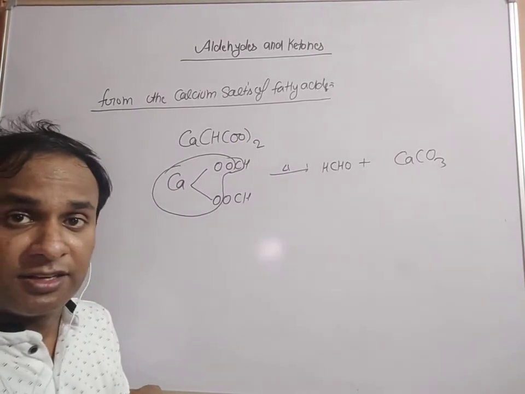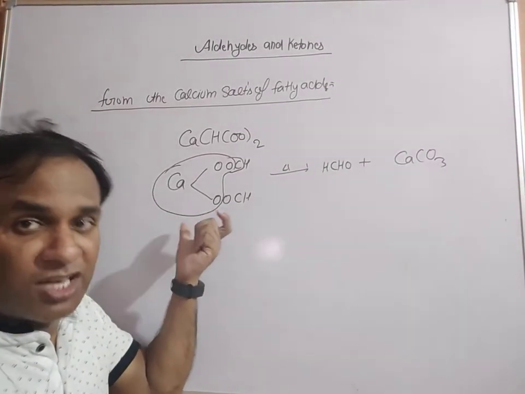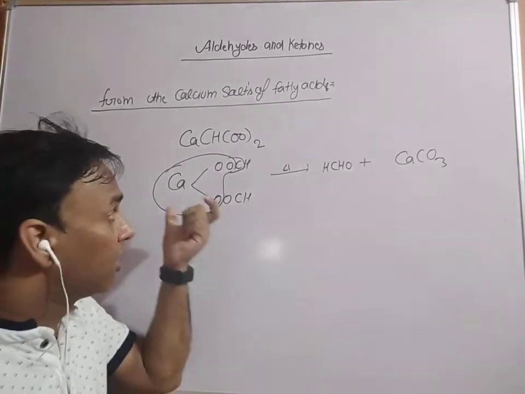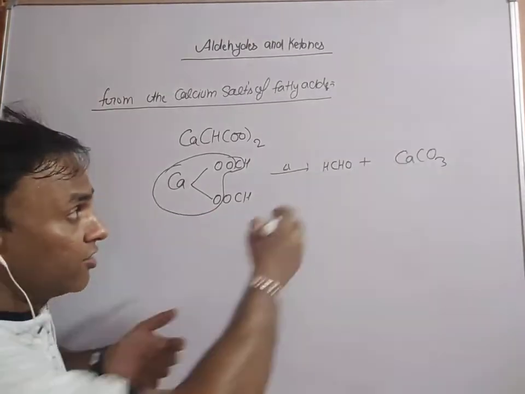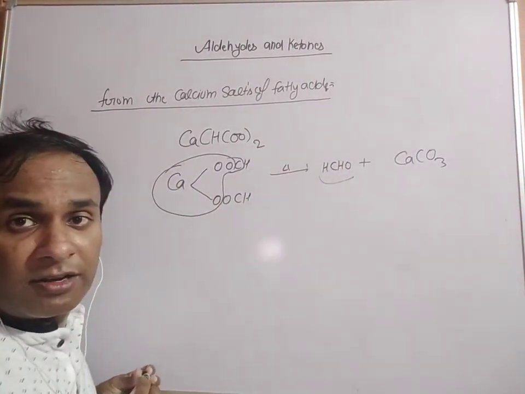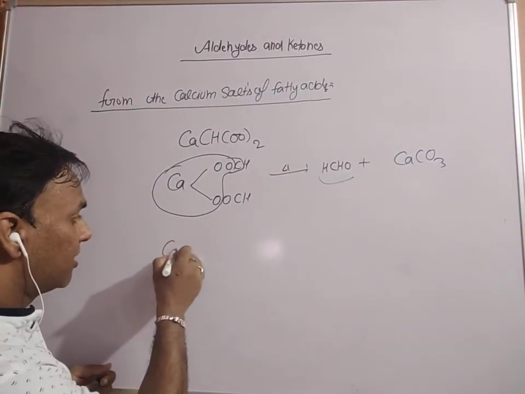Clear? Listen, the most important point in this condition: when we use calcium formate, which is a part of formic acid, clear? Calcium formate is used, and in such a condition, an aldehyde is obtained. Apart from calcium formate, others give ketones, for example calcium acetate.